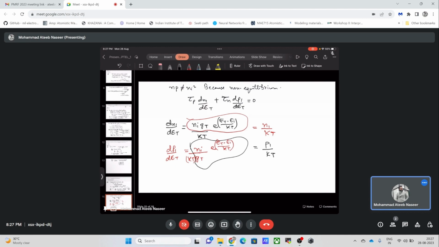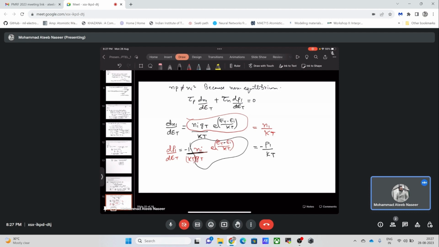Since it is minus, it should be minus 1/kT, so it is minus p1/kT.